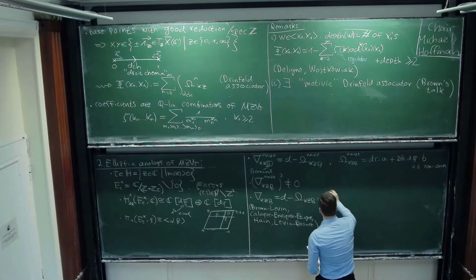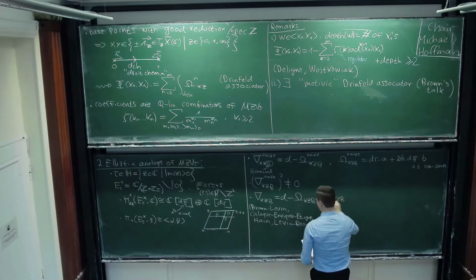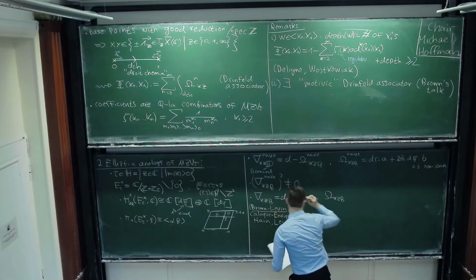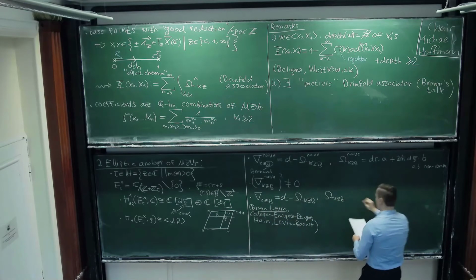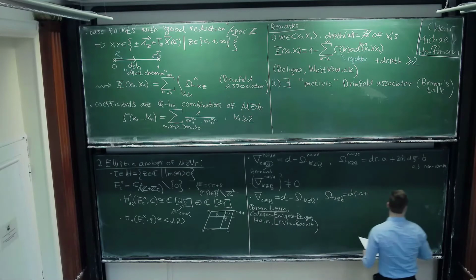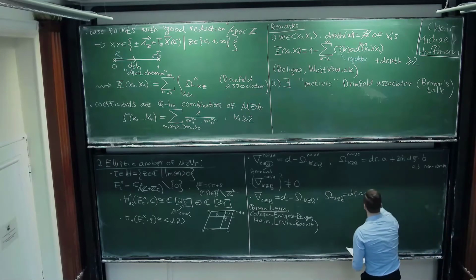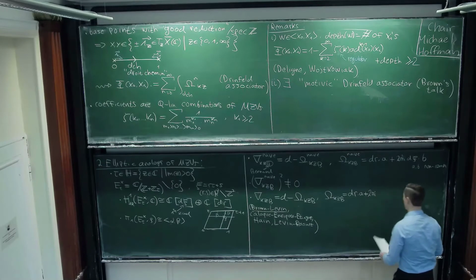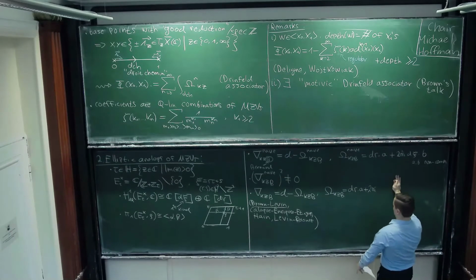And omega KZB, and here's where I'll follow Brown and Levin, is going to look as follows. So we have dr times a plus 2 pi i, and now it's going to be a bit messy, a bit long.